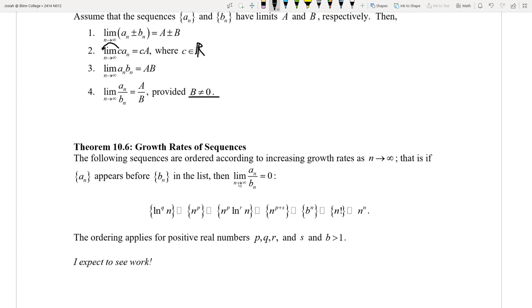If we have something that's growing faster on the bottom of our limit, then the limit will go to 0. All right, so this is going to be in order here. We're going to have the slowest growers on the left, the fastest on the right. And the symbol we should be using for growth rates is this double less than sign.